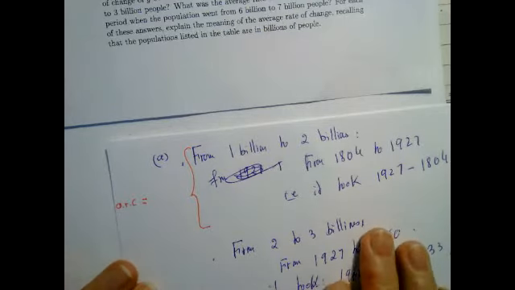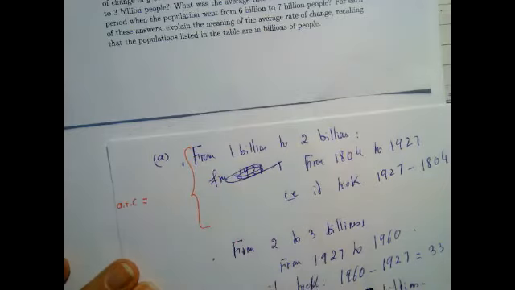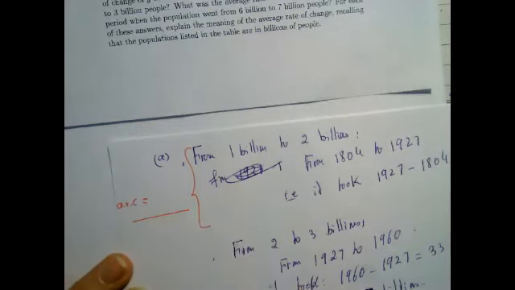How do you compute that? What should you put in the numerator?